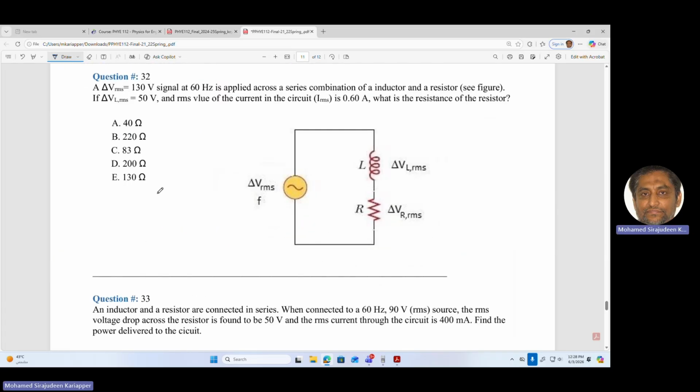Number 32. Here, if you read the question, it looks like again Ohm's law, right? What is Ohm's law? Z, let me put it in general. Z is the impedance. Impedance is everything, okay?